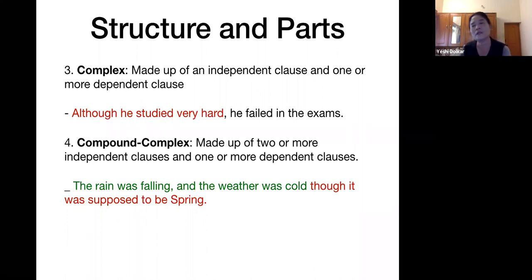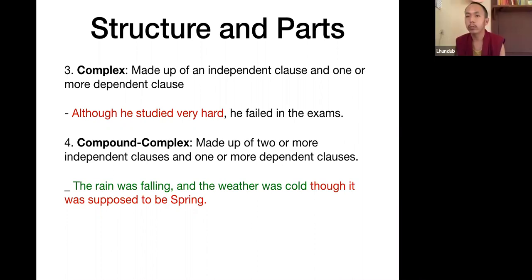In a compound sentence, there are two independent clauses joined by a coordinating conjunction. In a complex sentence, you have an independent clause and a dependent clause. In a compound complex sentence, you have a compound sentence and a dependent clause.